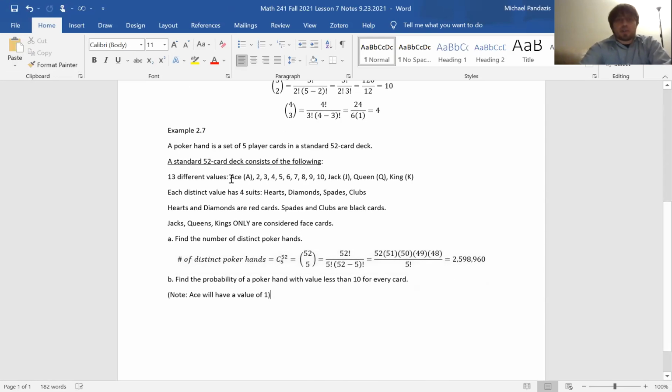The cards whose value is less than 10 are ace, 2, 3, 4, 5, 6, 7, 8, and 9. Jack, queen, and king have value 10.